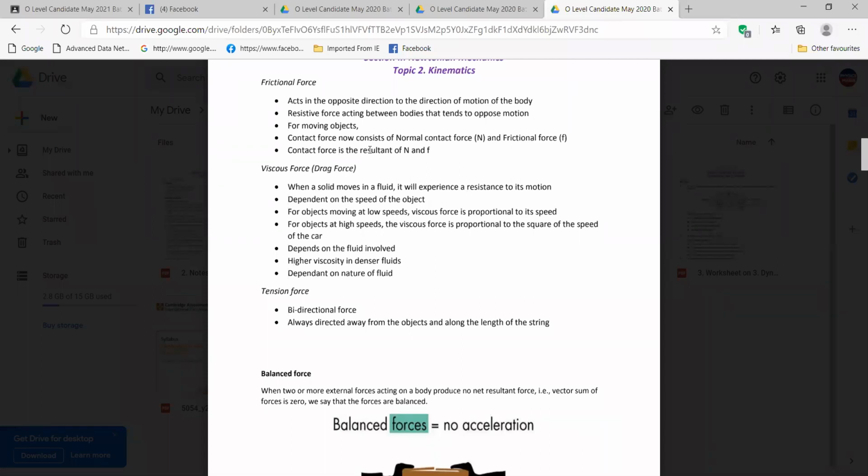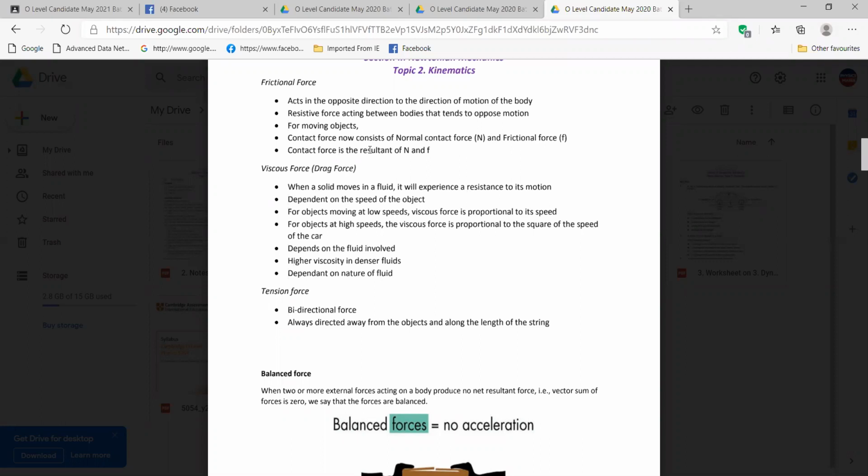When I gave you one example about playing football, when you are running and playing football, if your speed is more, then you are getting more air resistance. The air resistance you are getting, that is viscous force or drag force.